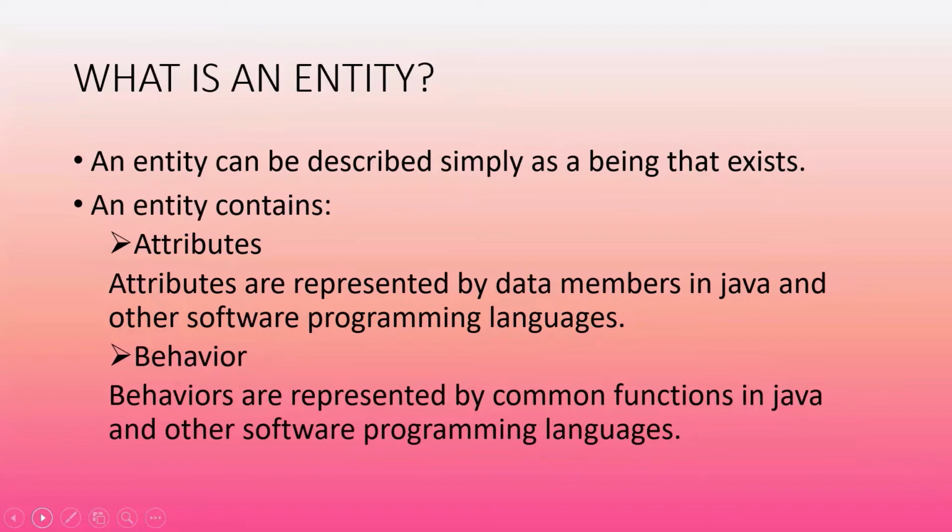The behavior of an entity, which represents functionality, is represented as functions or methods in Java. An entity can exhibit multiple behaviors, hence multiple functions can be used to change the appearance or the attributes of an entity.